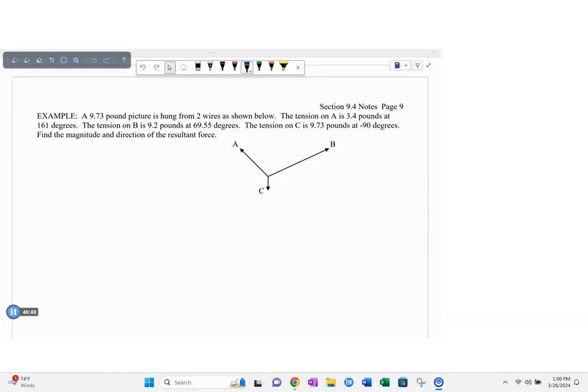So for A, tension on A is 3.4 pounds. So magnitude, cosine 161 degrees, there's our component, magnitude, sine of its angle, there's its vertical component.